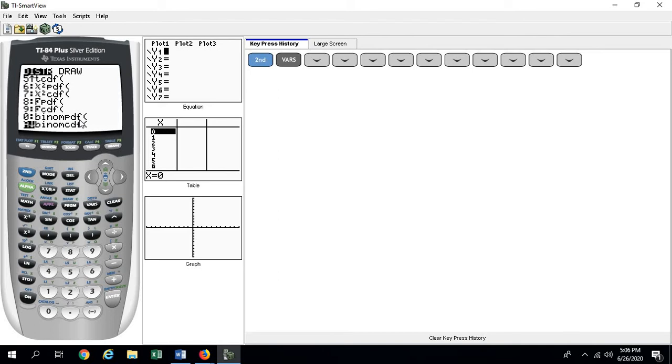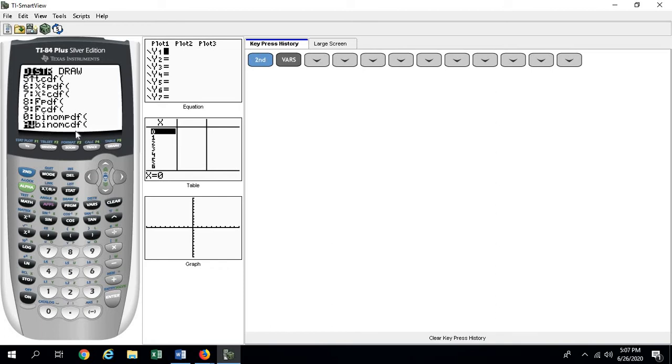So for instance, if I wanted to know the probability that X was less than or equal to 2, that really requires me to add up the probability that X is 0, plus the probability that X is 1, plus the probability that X is 2. And so that's an accumulation of 3 different probabilities. Okay, so that's called the cumulative distribution function.